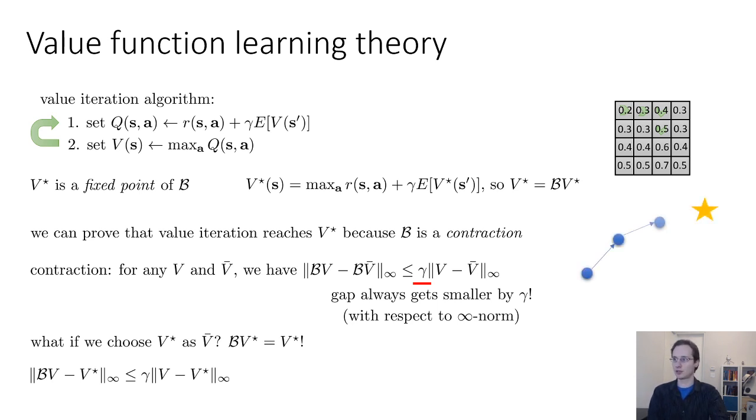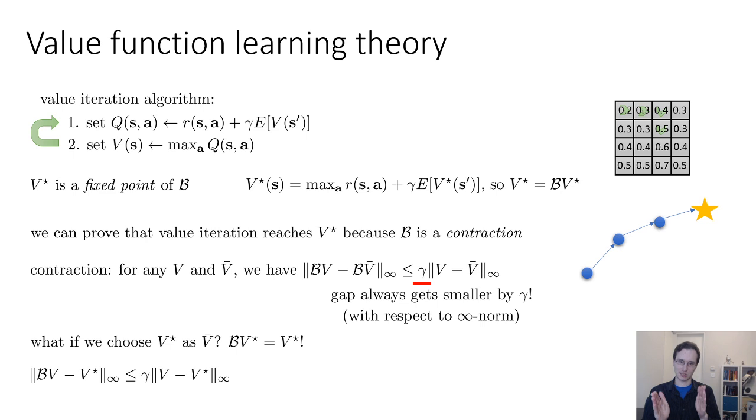So each time you change your value function by applying the nonlinear operator B, you get closer to your optimum V star. It's important to note here that the norm under which the operator B is a contraction is the infinity norm. So the infinity norm is basically the difference for the largest entry. The infinity norm of a vector is the value of the largest entry in that vector.